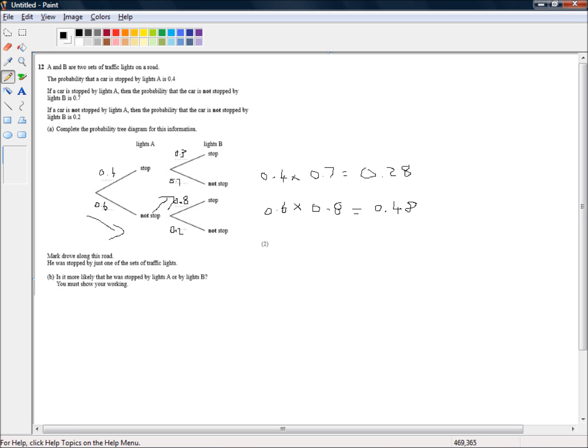So the probability that he was stopped only by lights B is 0.48, and the probability that he was stopped only by lights A is 0.28. So the answer that they're looking for is B, with the correct calculations that we've shown here.